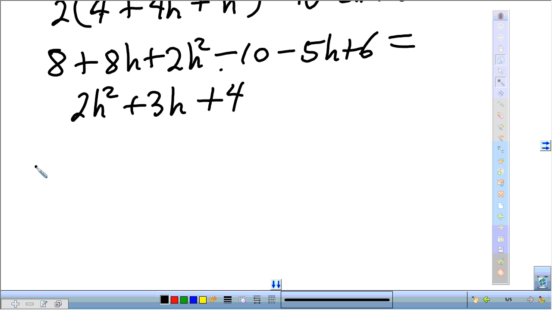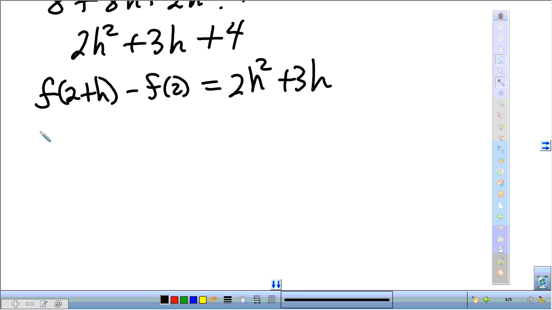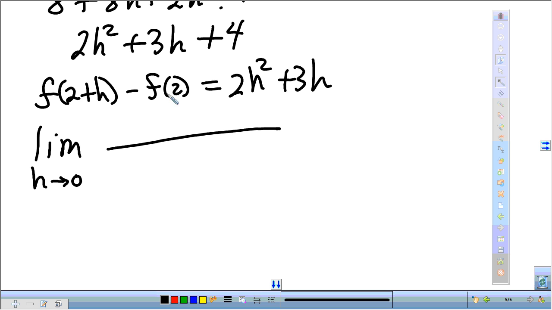So, if we take f at 2 plus h, which we just wrote here, and subtract f of 2, let's take the quantity 2h squared plus 3h plus 4 and subtract 4, ending up at 2h squared plus 3h. So going back to the limit, the numerator, this difference, turned out to be 2h squared plus 3h, and the denominator is still h.